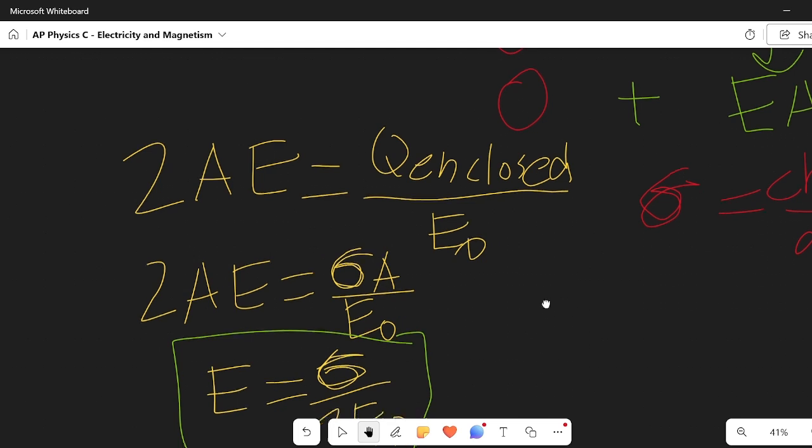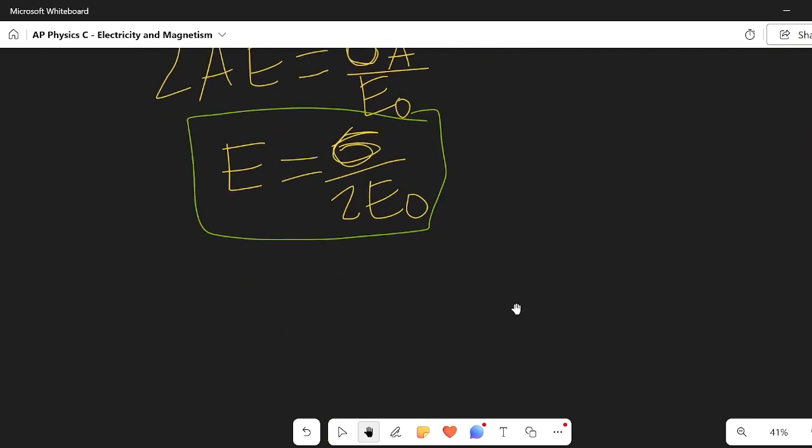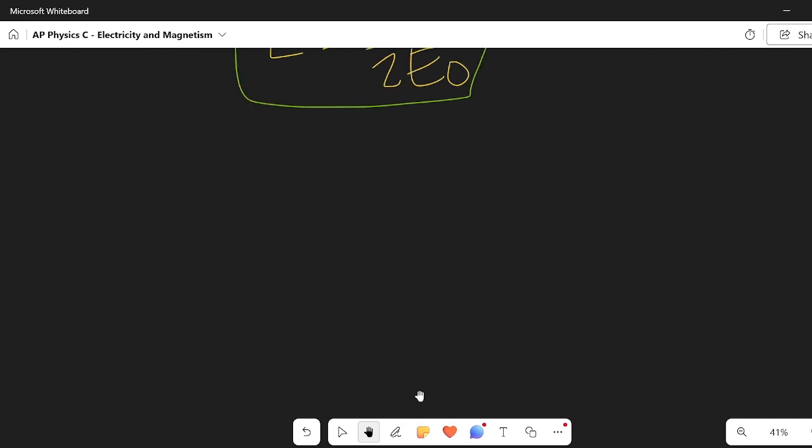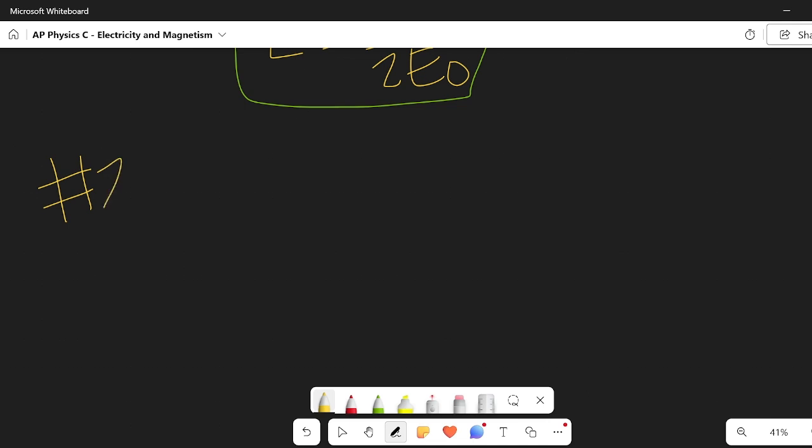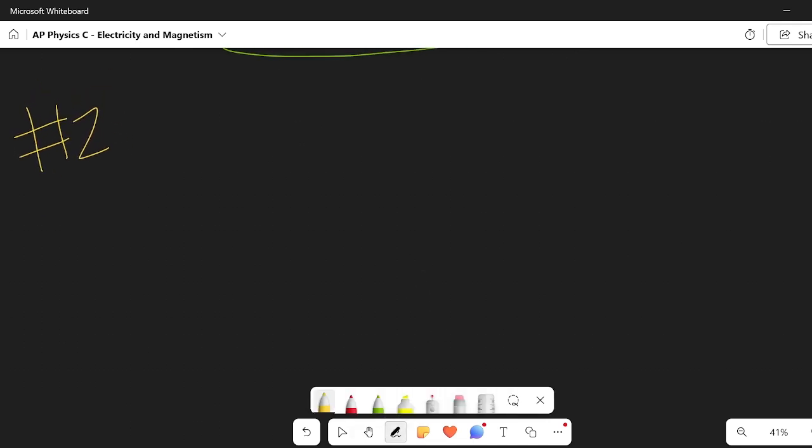So now let's go through a second problem involving Gauss's law. In this case, we are going to be looking at a 1D example. Let's say we have a sphere like so. Or no, what am I doing?